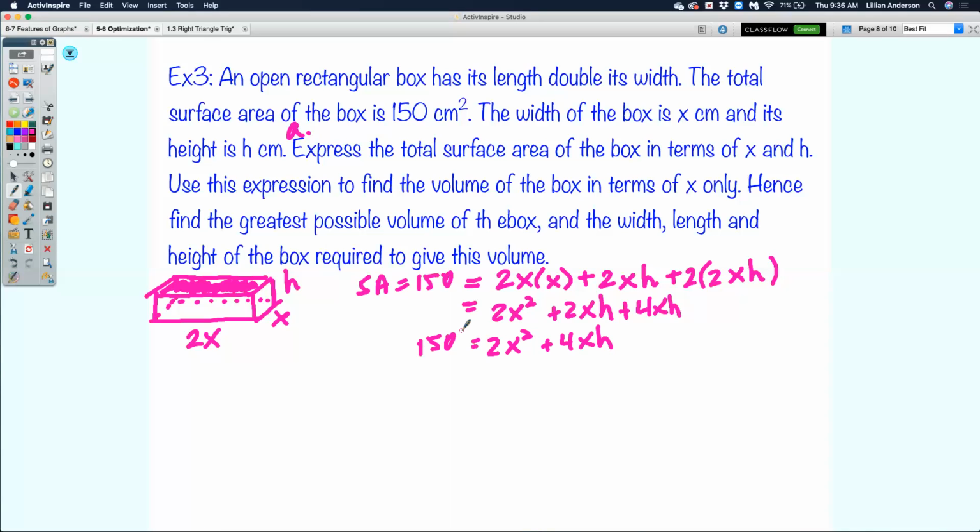Does everybody see that? Is that supposed to be 6? Would that be 6xh? Sure would be. Good catch. Good job. Because the 2xh and the 4xh make 6xh. Good to know y'all are paying attention. Wonderful.